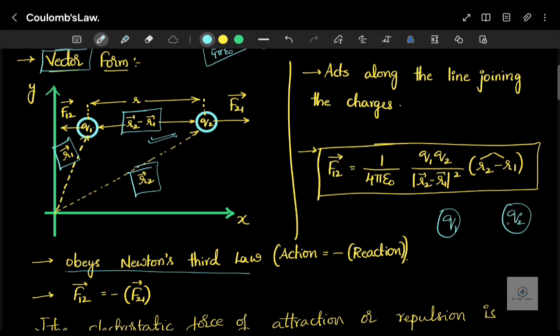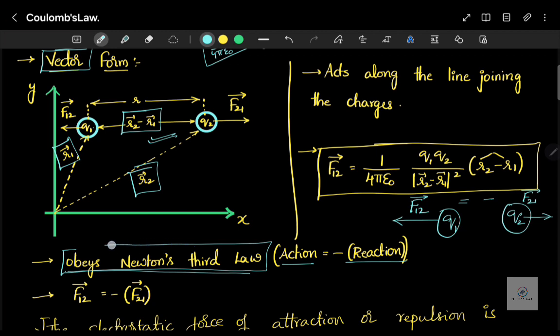That is, Q2 will repel this with a force of F12 and Q1 will repel this with a force of F21. Okay. These both are equal and they are opposite in direction. Okay. Just like an action-reaction pair, this Coulomb's law, it also obeys Newton's third law.